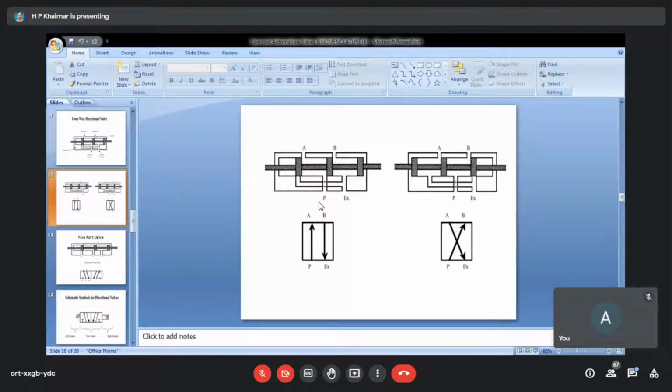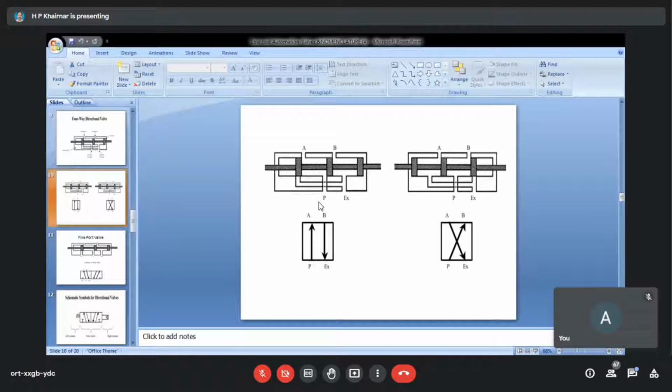Then there is another possibility that exhaust is connected through B. So B is connected to exhaust, and a reverse arrow is indicated. So the simplest way to indicate this symbol is written over here. But spool position means what? The rod and piston assembly. If that spool position changes due to the pressure application, the piston moves out to the extreme left condition.